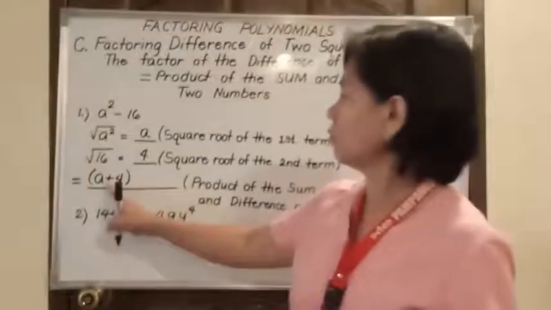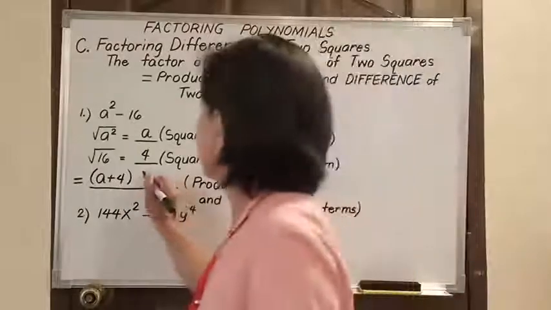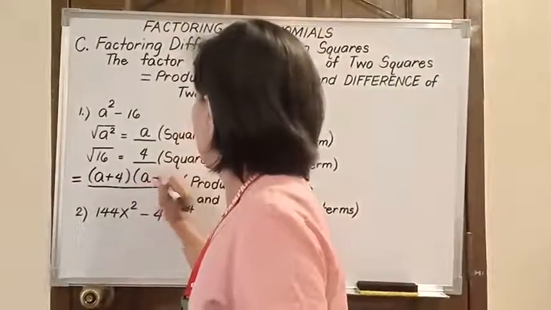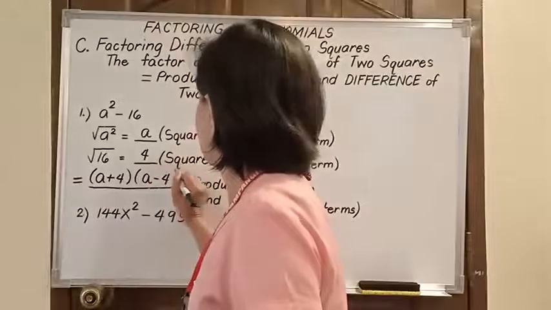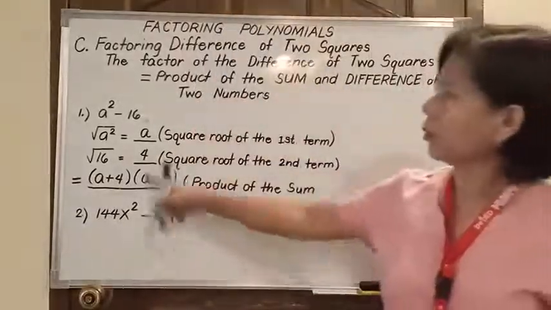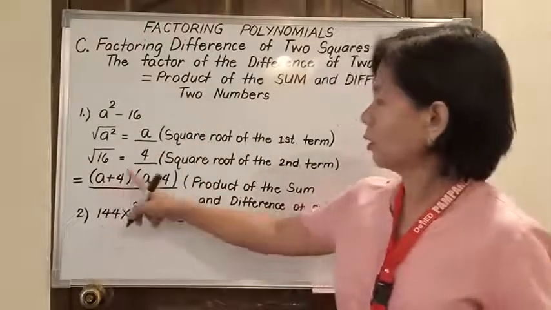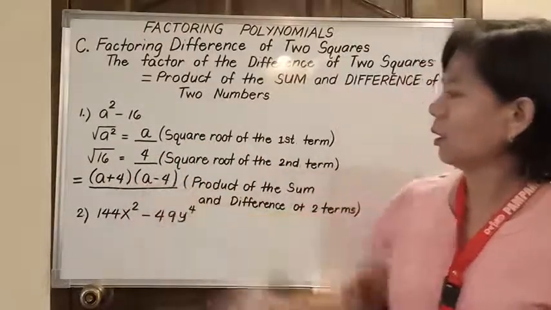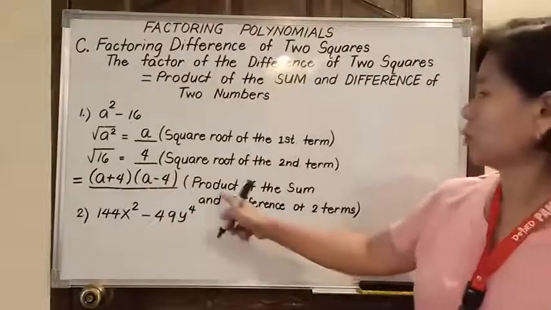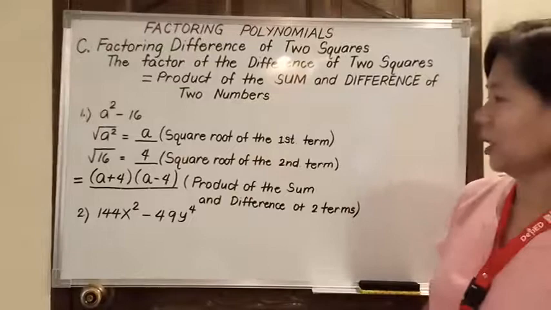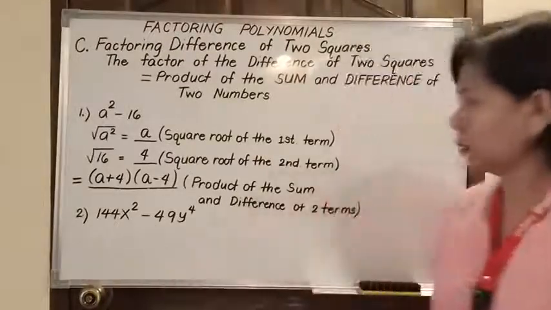This is now the sum of the two terms, and the difference of the two terms is a minus 4. So this is the factor of a squared minus 16: the quantity a plus 4 times the quantity a minus 4. And it should be the product of the sum and difference of two terms. Okay, let's try number 2.